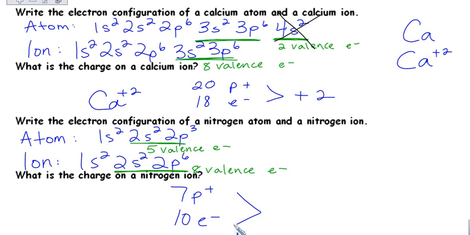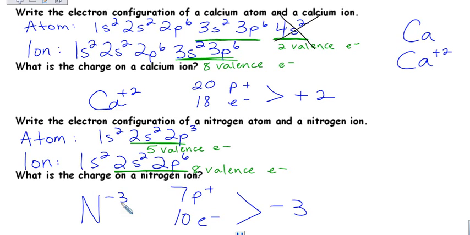So my balance and charge, -3. Cool. So the ion would look like this. Nitrogen -3. The way we have a negative charge is by gaining electrons. Perfect. So you can do electron configurations for atoms and ions.